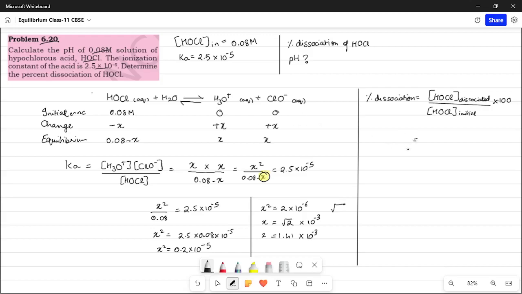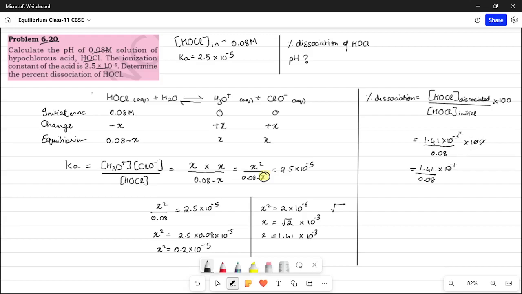So you have 1.41 into 10 to the power minus 3 divided by 0.08, which is the initial concentration, into 100. Essentially you will be left with 1.41 divided by 0.08 into 10 to the power minus 1.